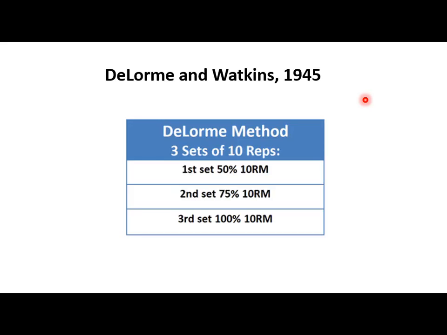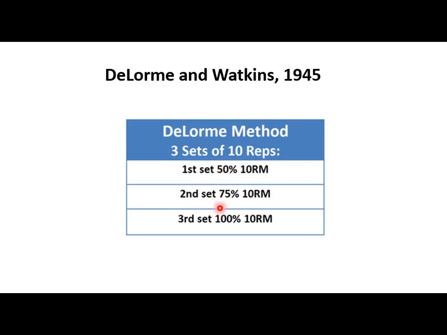And the concept, of course, is you do 3 sets, and on your first set, you're doing a load that corresponds to 50% of your 10 RM load. So if your 10 RM load, the load that allows you to do 10 repetitions, is 100 pounds, let's say, on the first set, you're doing 50 pounds for 10 repetitions.